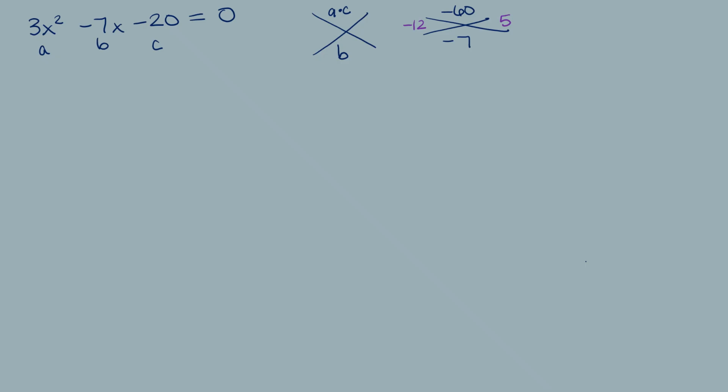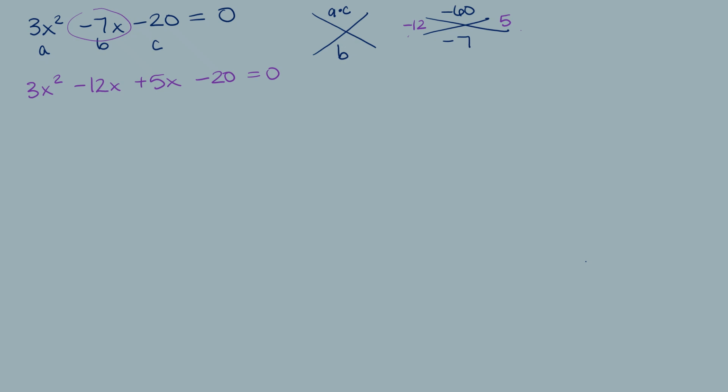So that's kind of how it works out. And then we're just going to move with the same steps that we've done before, where we are using this -12 and 5 to break down this -7. So it's going to be 3x squared minus 12x plus 5x minus 20 equals 0.